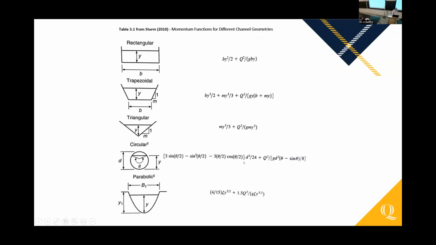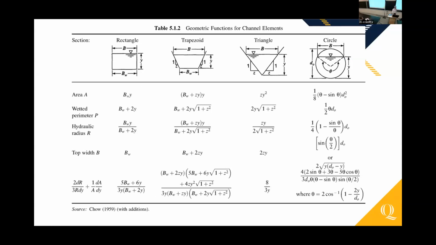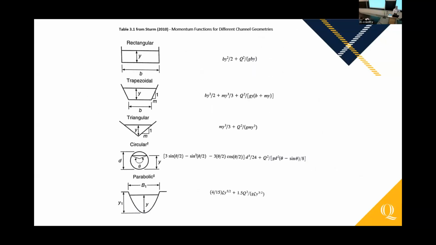This Sturm, your textbook doesn't just have this, but this gives you that M relationship for rectangle, trapezoid, triangle, circle. Circle one's especially nice. I've gone through that derivation, and it's fun. But jumping right to the momentum expression is quite handy.